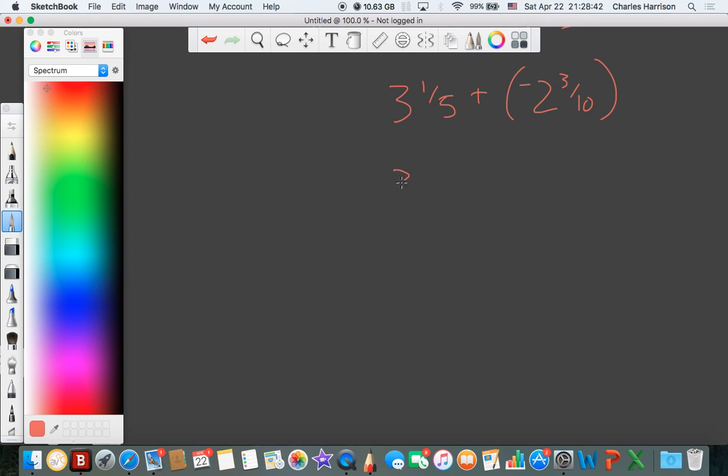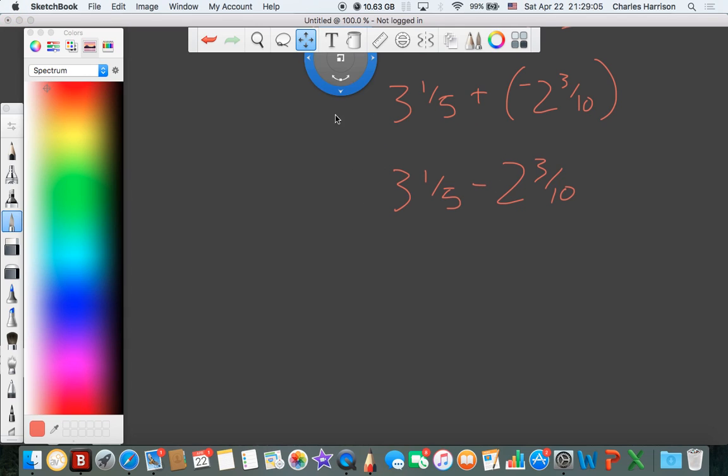It went from an addition problem, and now it's a subtraction problem, because a negative and a positive make a subtraction problem like this. Some of you may be questioning how that works. Well, the reason it works, as I said in class, is that you can switch things up when it's an addition problem. So that's why it worked.